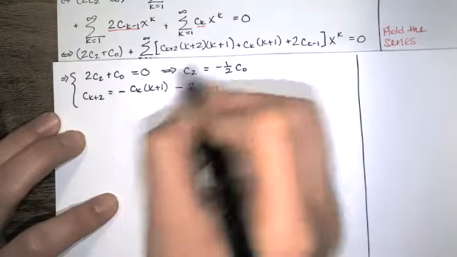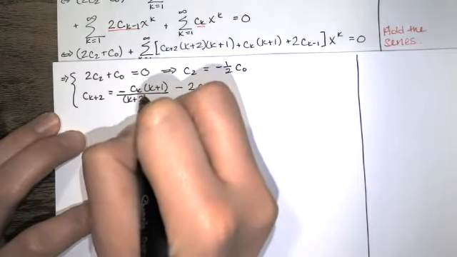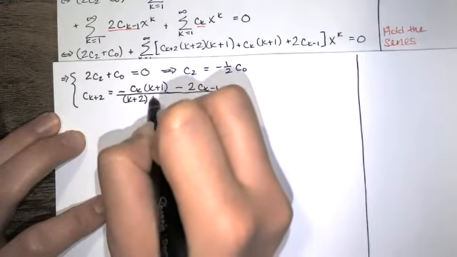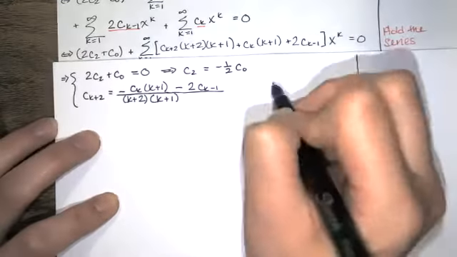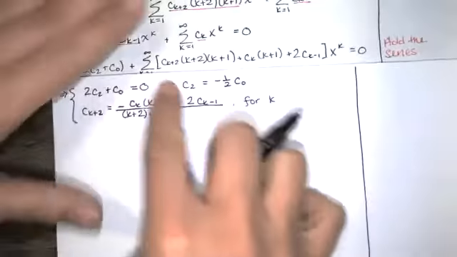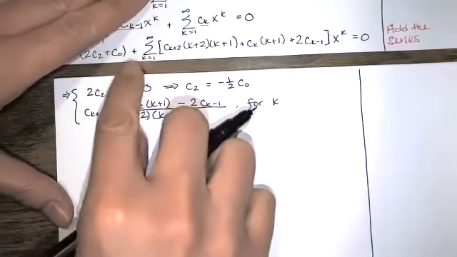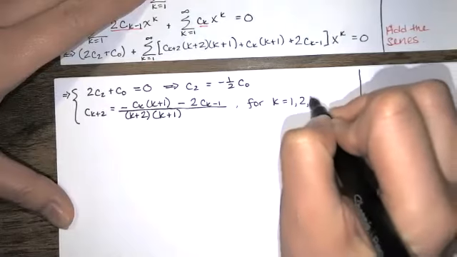And then divide each of those by k plus 2. Actually, let's divide the whole thing by k plus 2 times k plus 1 to get that c sub k plus 2 by itself. This is for k equals 1, 2, 3. It's always starting at the value of the index in that series and then increasing.